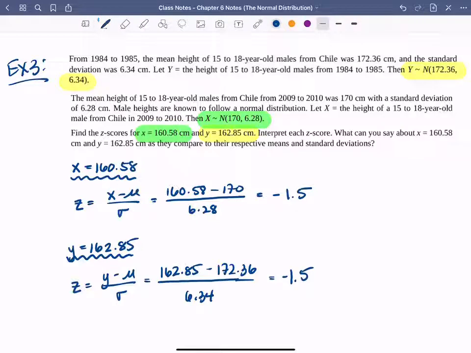We've done something again. It says interpret each z-score. Something else happened. What can you say about these two?